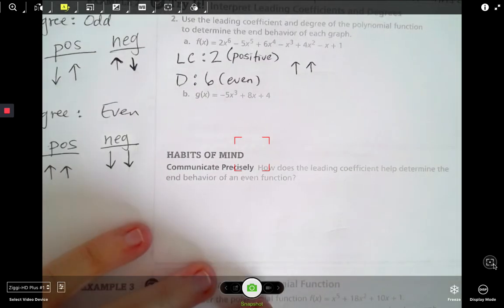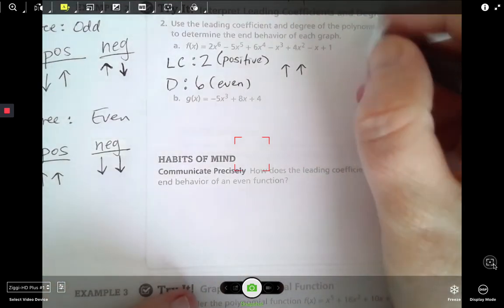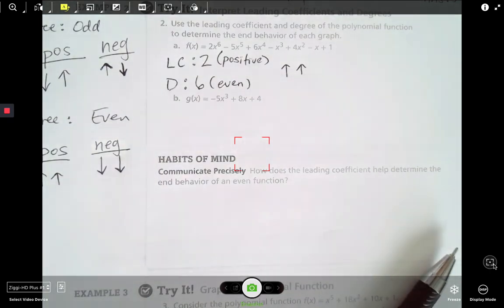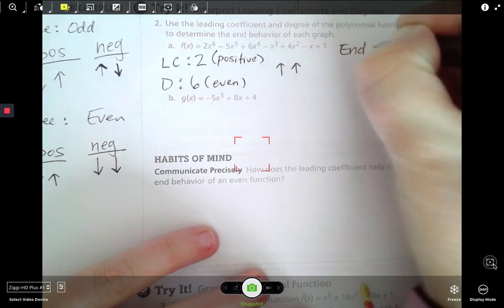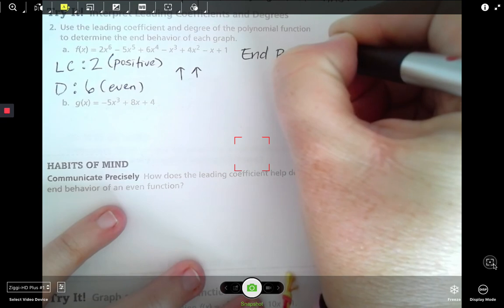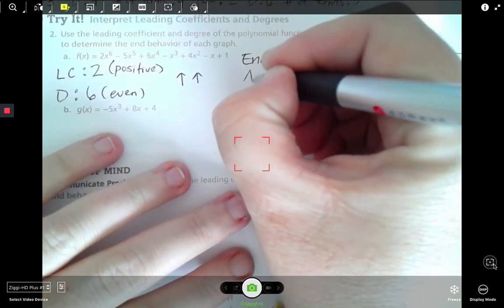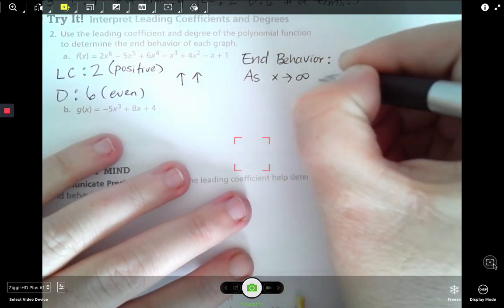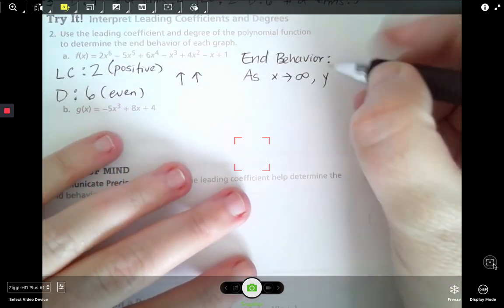Sometimes they'll say for end behavior, as x approaches infinity, y, or you may see it written as f of x, approaches blank.